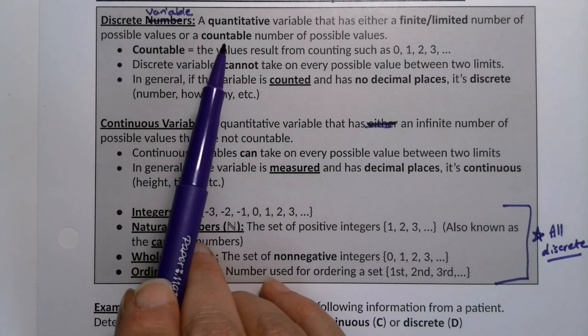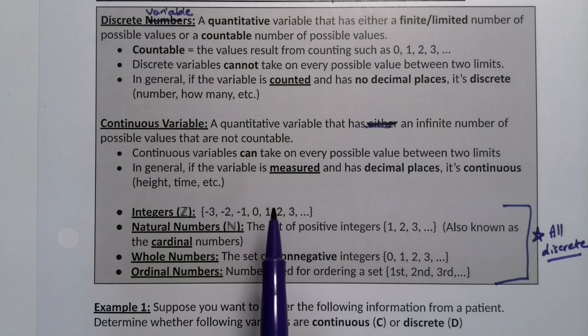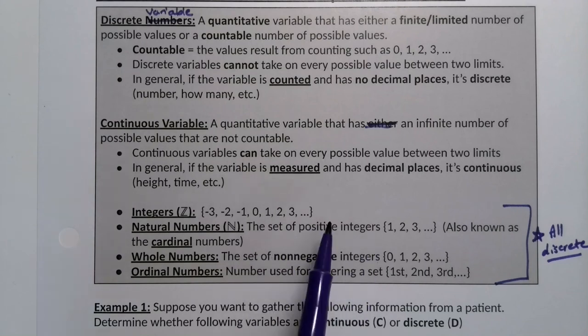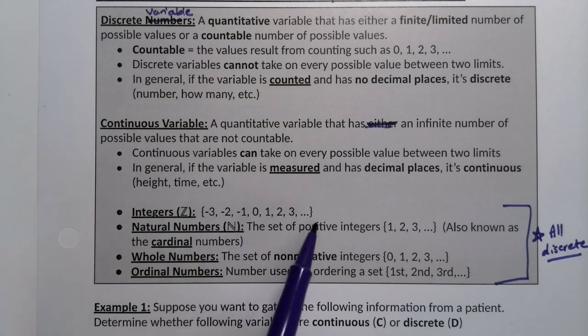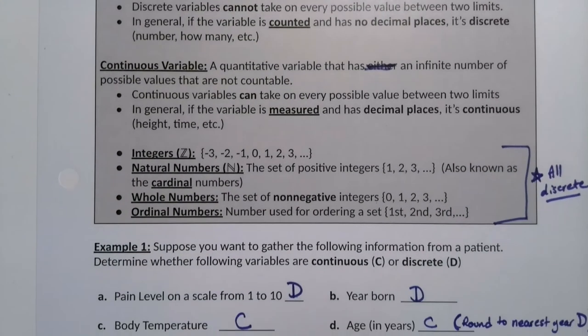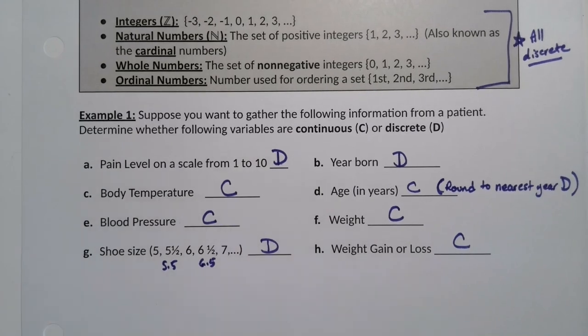And countable can be infinite. These are countable number systems. Even though they're infinite, you count them. 1, 2, 3, 4, 5, 6, 7, 8, right? Even this one with the negative integers, it's still countable. So therefore they are discrete. Therefore they are what we will be working with in chapter 10 and chapter 11. As a matter of fact, chapter 11 will be bridging the gap between discrete and continuous. So we'll be back to hit on this idea again later.